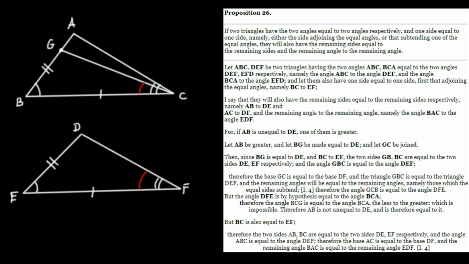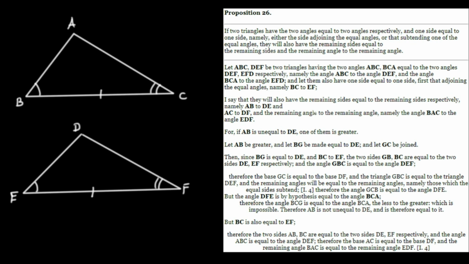Therefore, the angle BCG is equal to the angle BCA, the less to the greater, which is impossible. We've got this part being equal to the whole, and that's absurd. Therefore, AB is not unequal to DE. That's the supposition that generated this absurdity here, and AB is therefore equal to it.